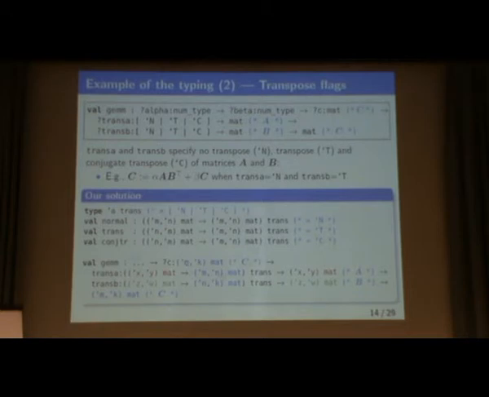As a result, the GEMM function can be typed like this. It's kind of complex, but this trans A flag expresses the transpose or no transpose of matrix A, and this trans B flag represents the transpose or no transpose of matrix B. And then the entire function takes A of this type and B of this type, and it returns C of this type. So this transpose flag is given this type and statically typed.